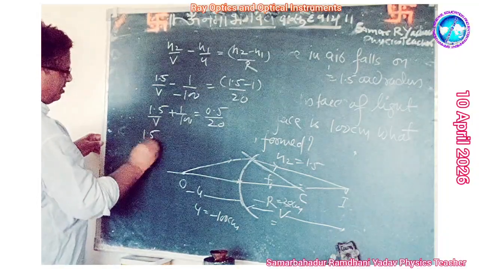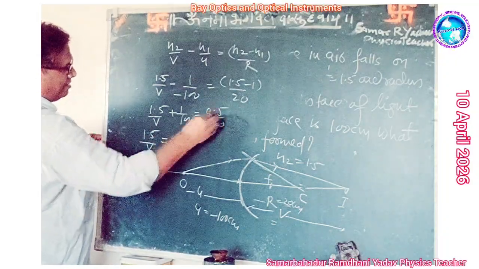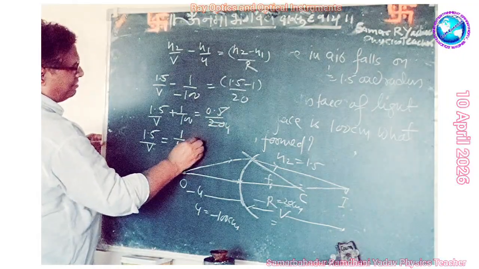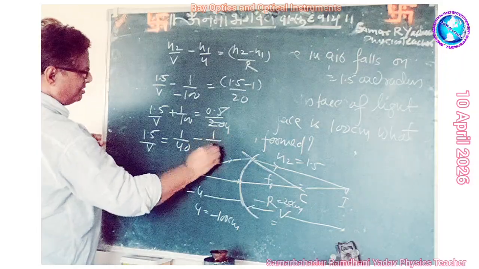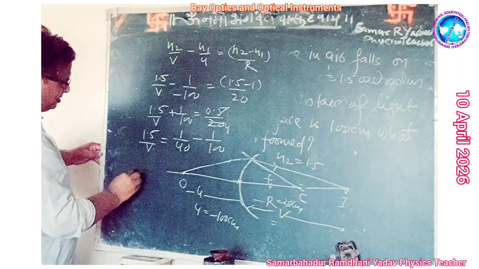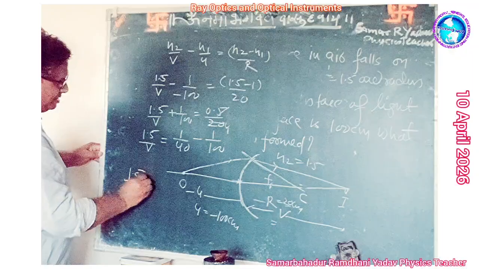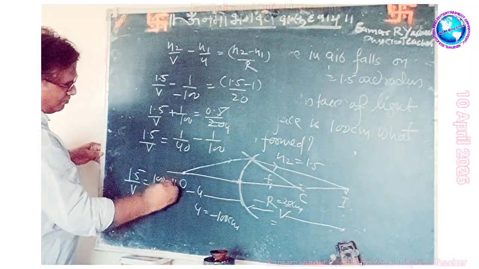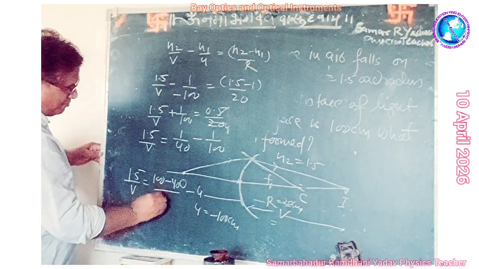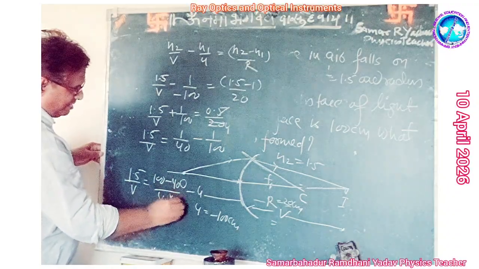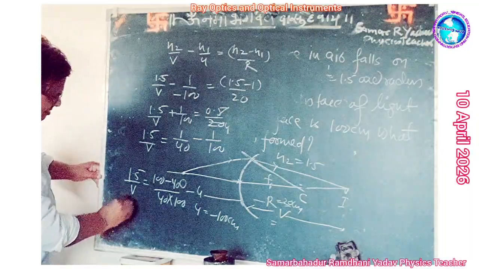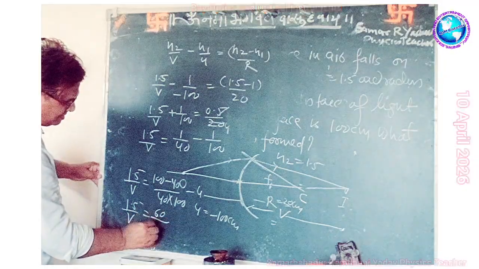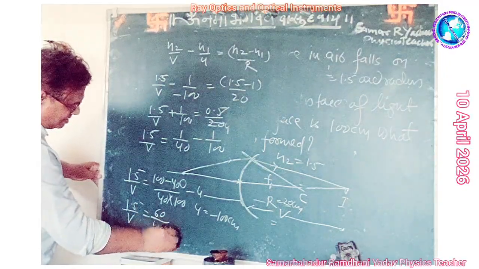Therefore 1.5 upon v is equal to 1 upon 40 minus 1 upon 100. Now we have to take the LCM, so we get 1.5 upon v is equal to 100 minus 40 divided by 40 into 100. So we get 1.5 upon v is equal to 60 upon 40 into 100.